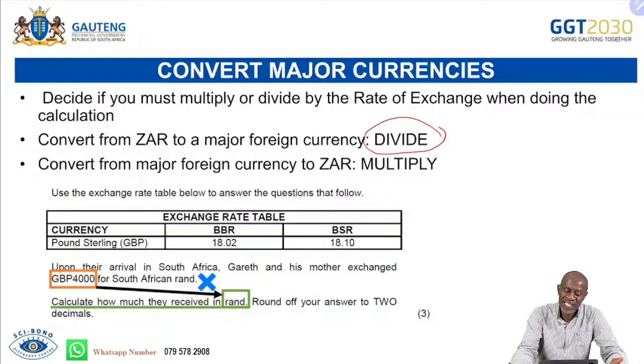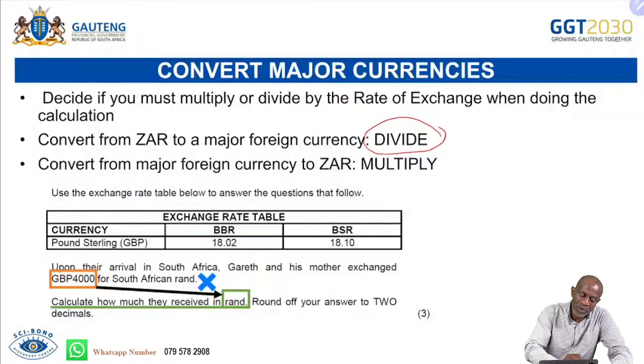So we'll see, as in the case of the 4,000 British pound that Gareth and his mother wanted to exchange. So they have 4,000 upon their arrival. So we want to convert this 4,000 into South African rand.